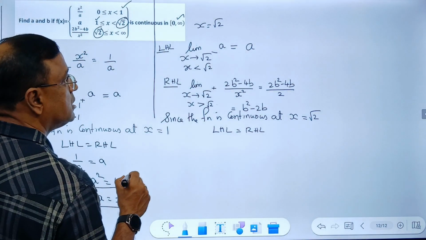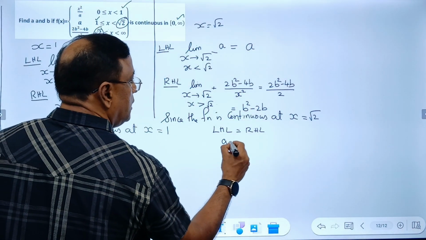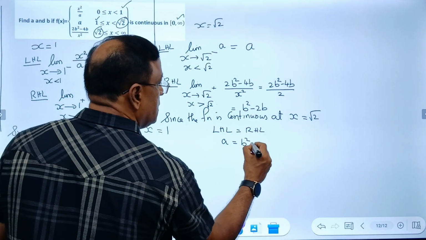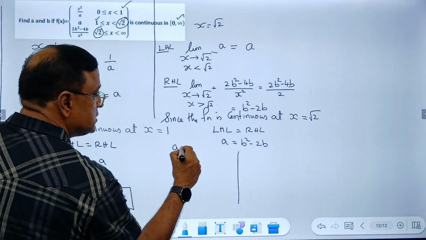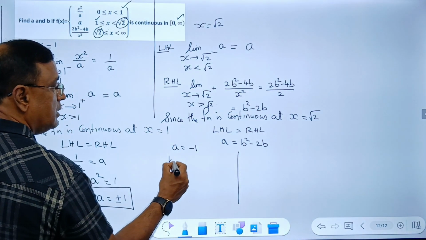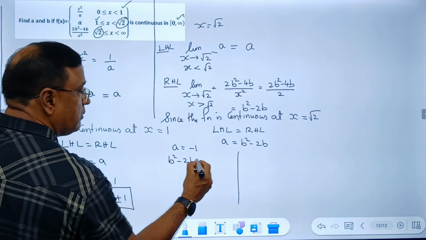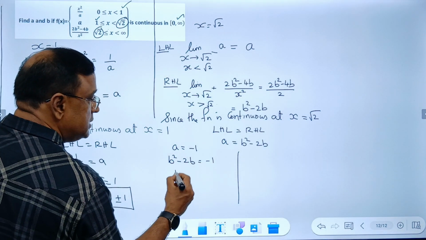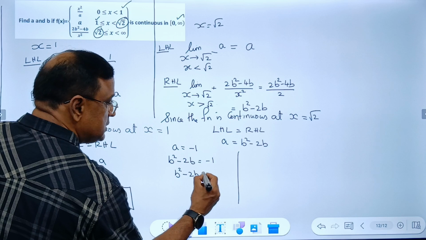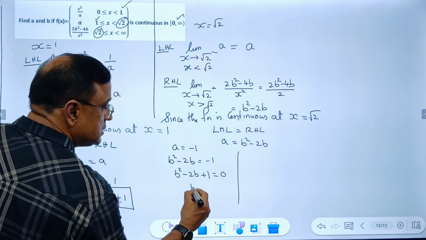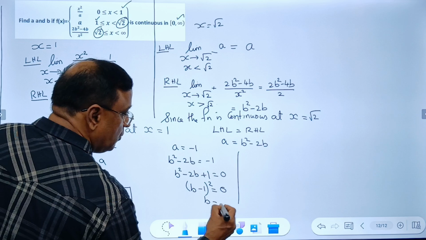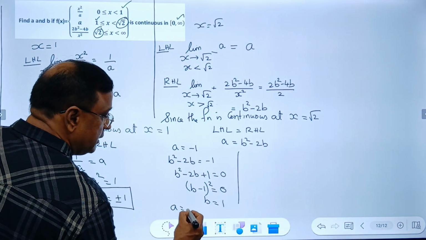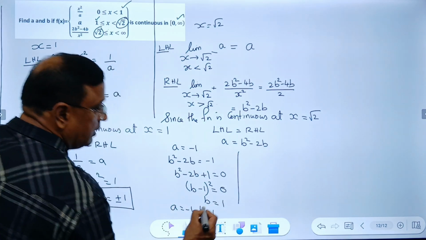LHL is a and RHL is b square minus 2b. Now let's take the first situation. When a is minus 1, what happens? b square minus 2b equal to minus 1. b square minus 2b plus 1 equal to 0. This is b minus 1 whole square is 0. Therefore, b equal to 1. So when a is minus 1, my b value is 1.